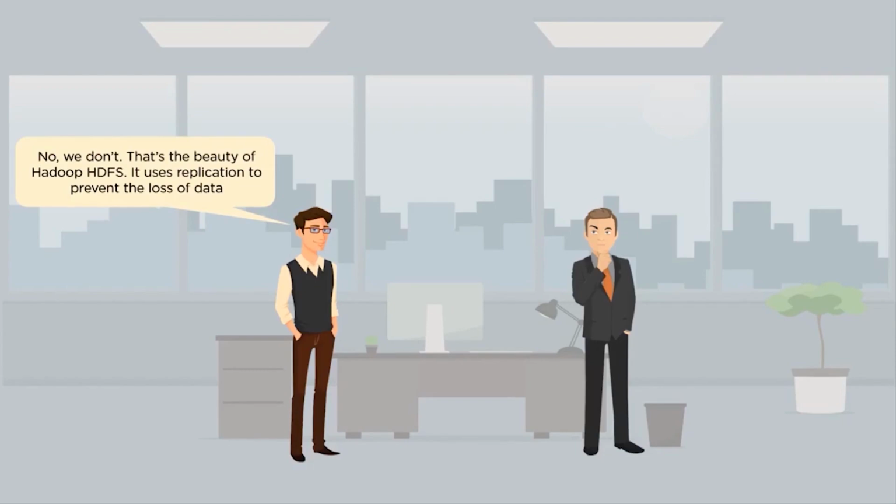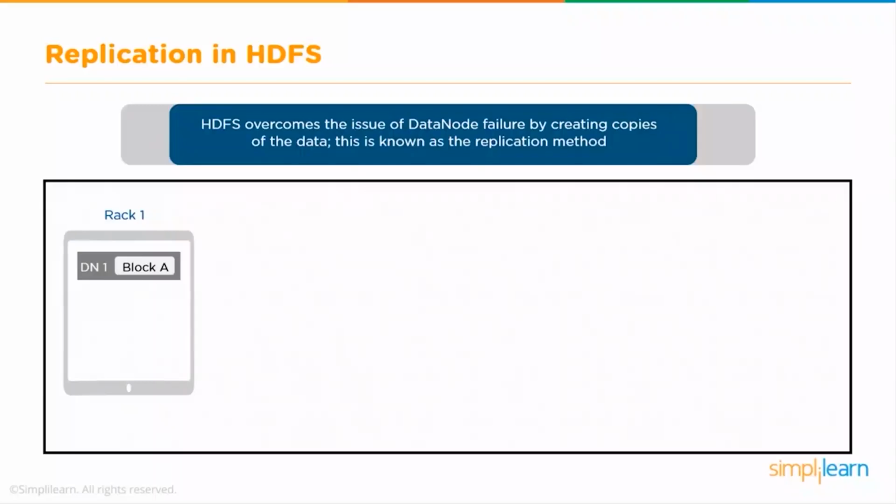Now, I could also say that if you had enabled replication as 1 and you did not have copies of your blocks, and if the data node containing the block crashed, then potentially you have a chance of losing your data or not being accessible because you did not enable replication or you did not set the replication to more than 1. Now, your HDFS is smart enough, or I would say NameNode is smart enough to handle your data node failures. So what HDFS offers is auto replication feature.